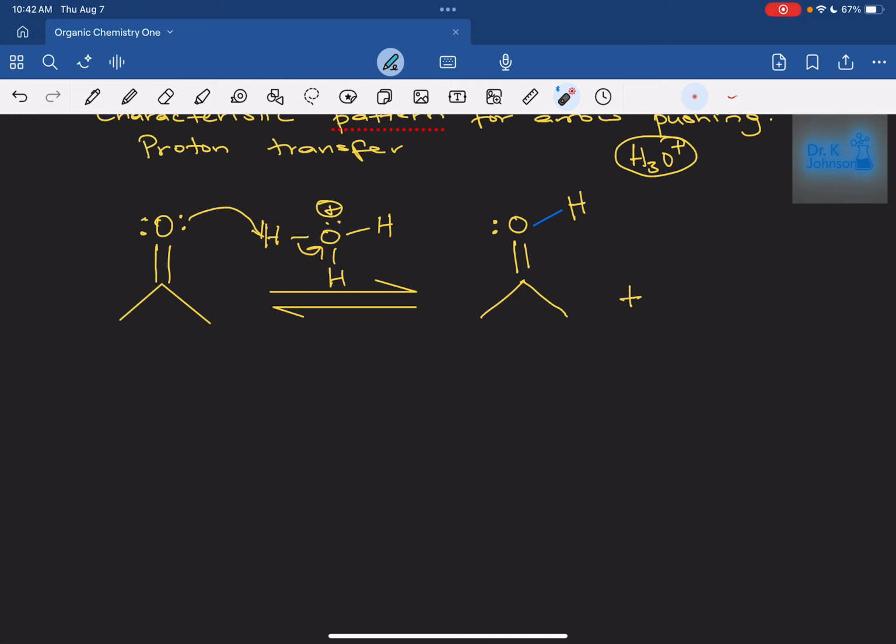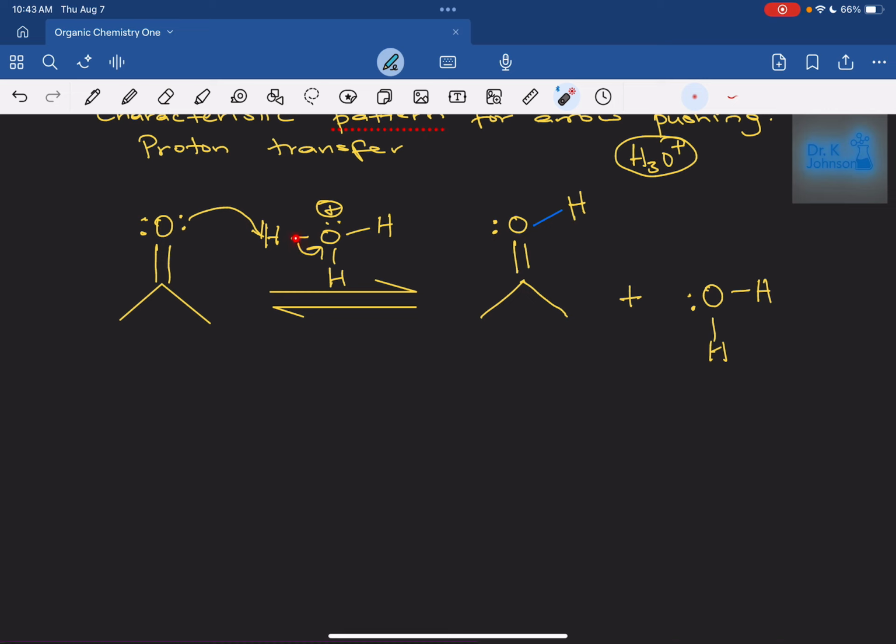Okay, so let's draw what results from this arrow. I haven't done anything to this, and my oxygen is still here with the lone pair. I haven't used the lone pair. So let's draw that. So I have my oxygen, put back the lone pair, this lone pair because I didn't use it. But look what we're doing.